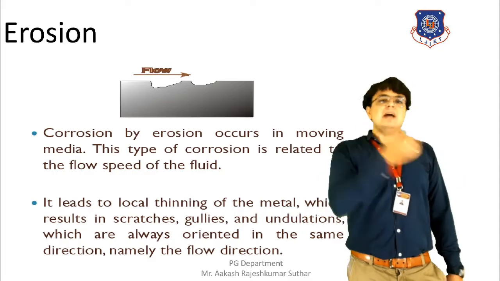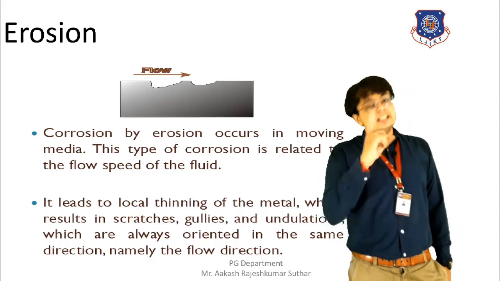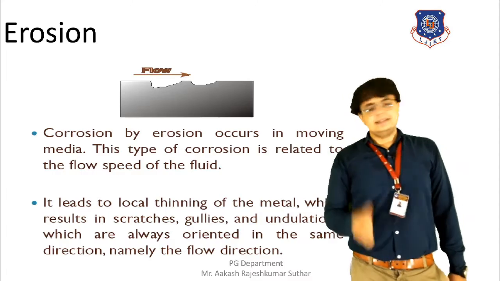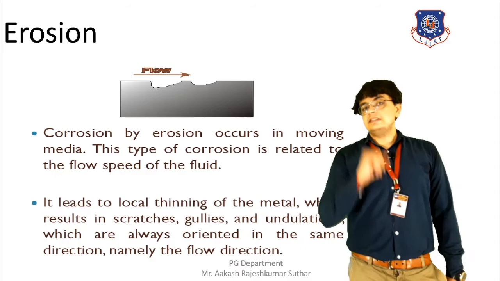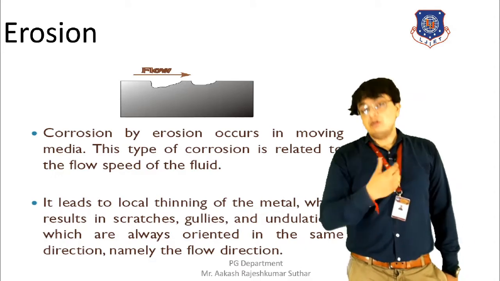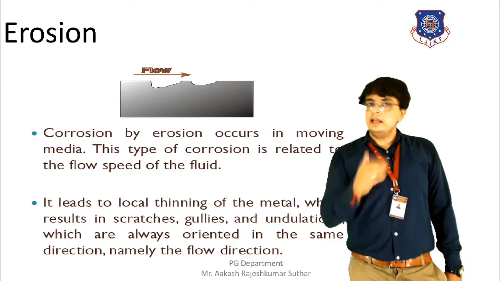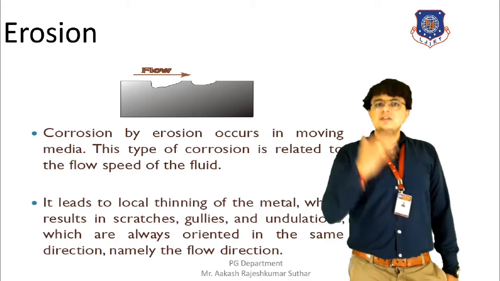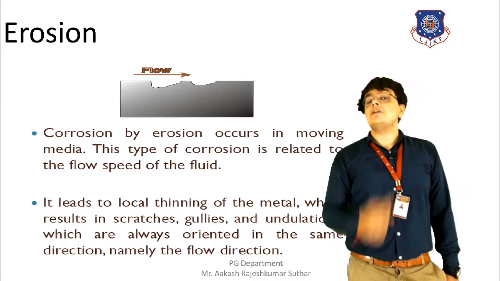So whatever corrosion takes place through flowing media will be the erosion type of corrosion. And this is highly related to the flow of the material. Velocity, flow and concentration of the material do matter, and they also affect the intensity of the occurrence of the corrosion.